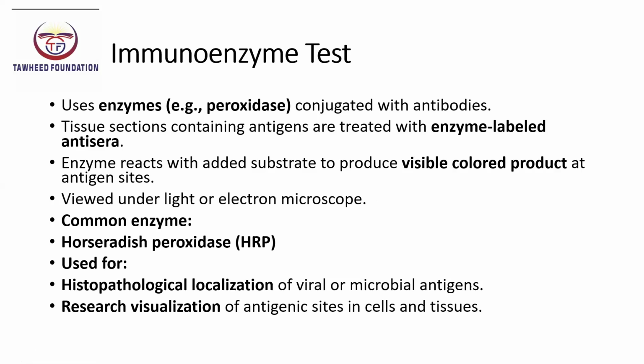This method allows histopathological localization of antigen and is widely used in both research and clinical diagnosis. So the common enzyme is horseradish peroxidase. It is used for histopathological localization of viral or microbial antigen, and research visualization of antigenic sites in cells and tissues.